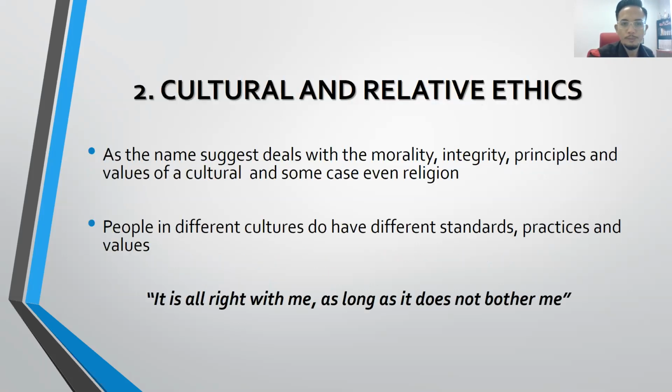Number two, cultural and relative ethic. I will just simply explain this part. What can we relate to decision making? Normally, someone's decision making in life is influenced by cultural and relative ethic. I'll give an example. In Malaysia we have people from the north, people from the East Coast, the southern region, and Sabah and Sarawak.